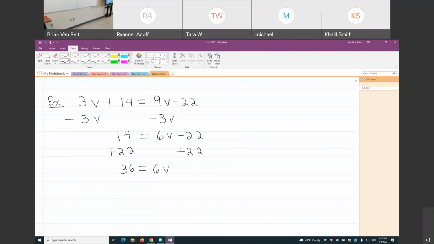Say again? Divide by 6? We end up with 6 equals b. So you always divide by? No, it depends on what's attached to it. Like if I had, sometimes you'll see x over something.